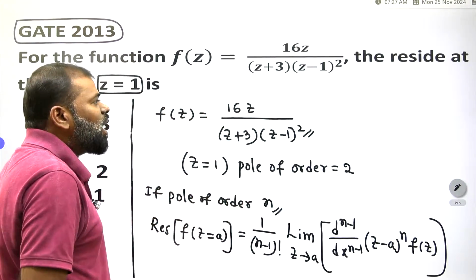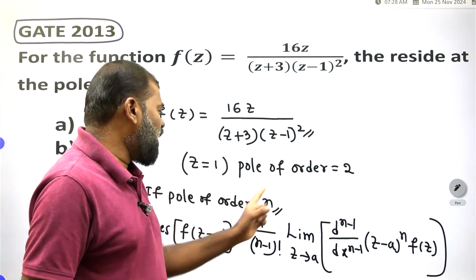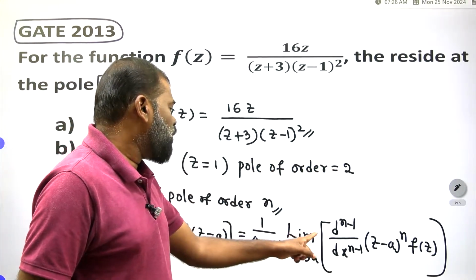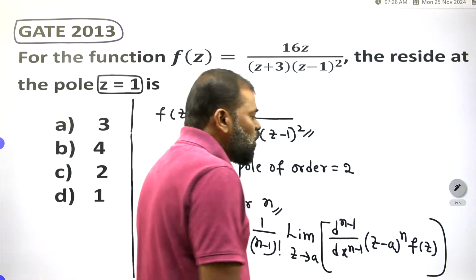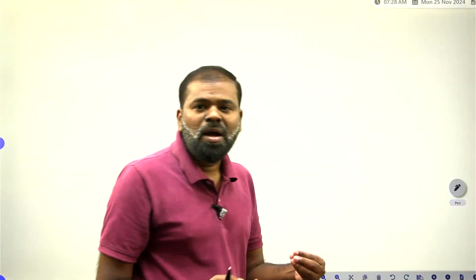But here our pole of order is equal to 2. So wherever n is there, you have to keep 2, and then simply you find the residue for that particular problem.